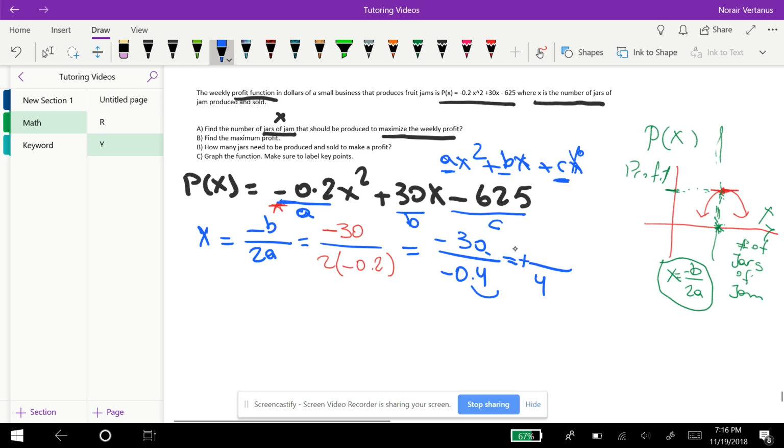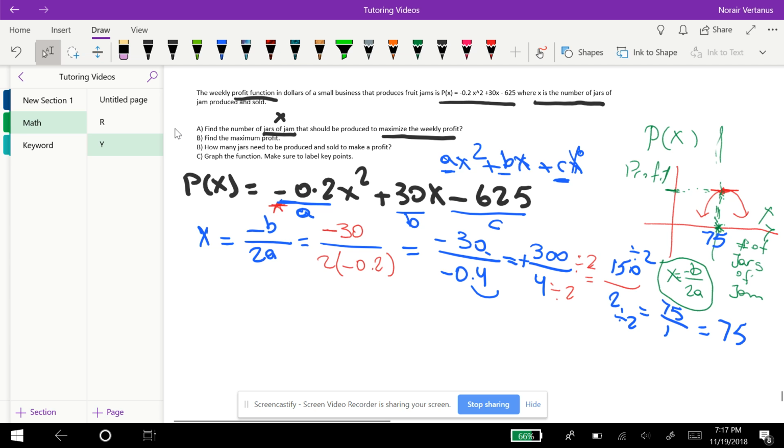If I multiply the numerator by 10 also, that's 300. Both can be divided by 2. It's a little math practice to improve your arithmetic. 300 divided by 2 is 150, and 4 divided by 2 is 2, and simplifying again, that's 75 over 1. So x is 75. We found that they need to sell 75 jars of jam to maximize the profit.